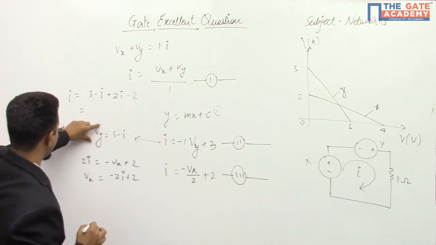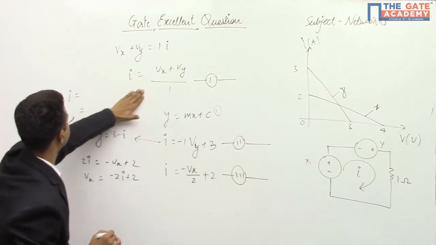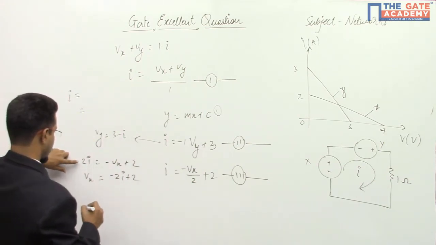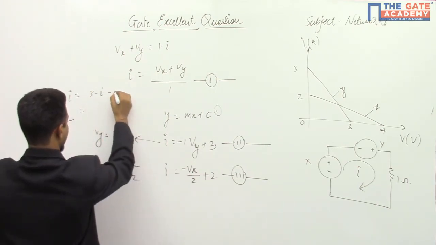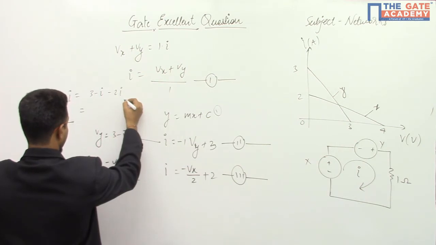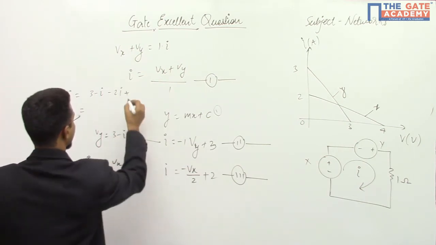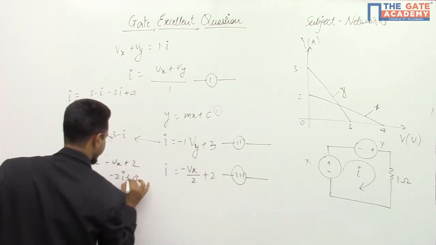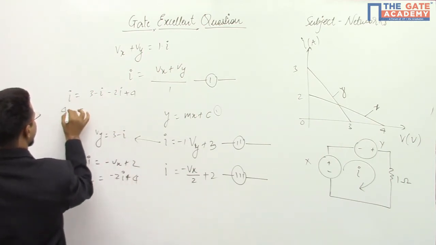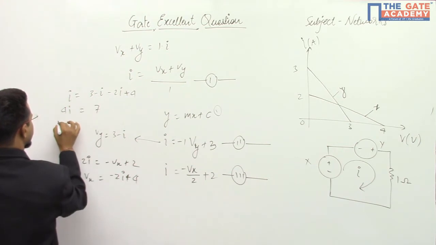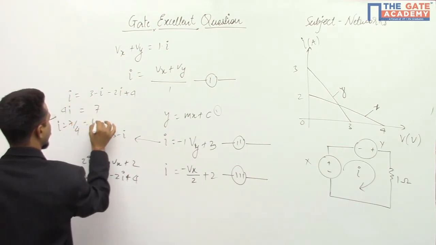Now put this value of Vy and Vx over here, and you will get I is equal to 3 minus I minus 2I plus 4. Now 3I, this will become 4I, is equal to 7, so I is equal to 7 by 4, and this value is 1.75.